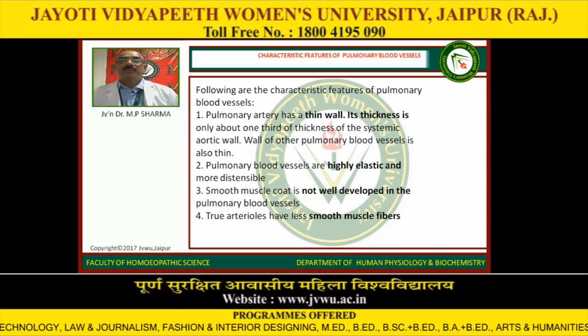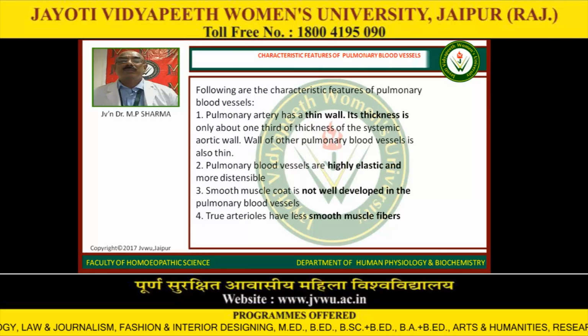The wall of the other pulmonary blood vessels is also thin. Second, pulmonary blood vessels are highly elastic and more distensible. Number 3, smooth muscle coat is not well developed in the pulmonary blood vessels. Number 4, true arterioles have fewer smooth muscle fibers.